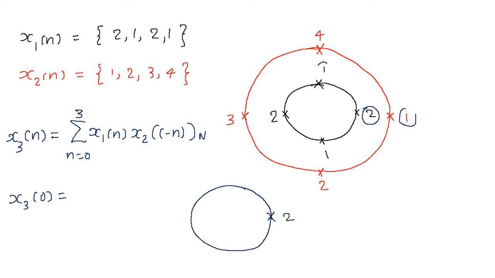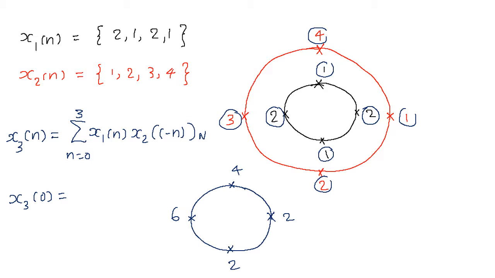Then 1 with 4, giving 4. Then 2 with 3, giving 6. Then 1 with 2, giving 2 here. Thus we obtained the product sequence for the 0 value.